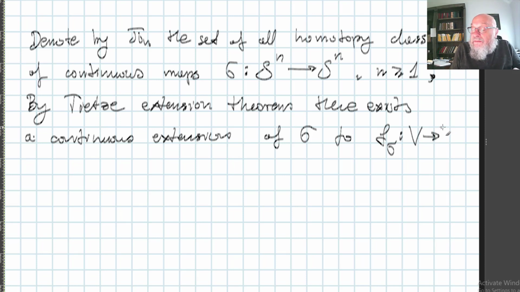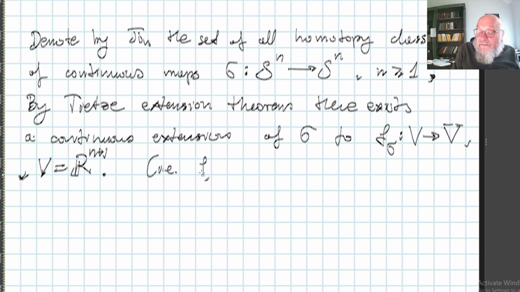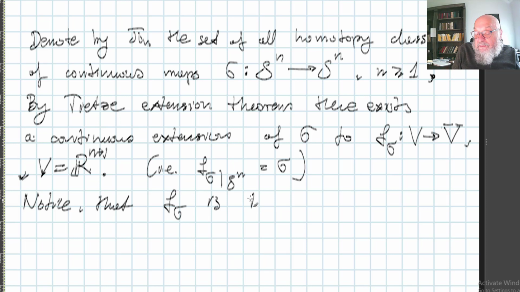Here V is equal to R to the n plus 1, since the sphere is Sn. An extension means nothing else than f sigma restricted to Sn is exactly sigma. So notice that this extension f sigma is, put it clearly, B1(0), the unit ball in V, admissible.